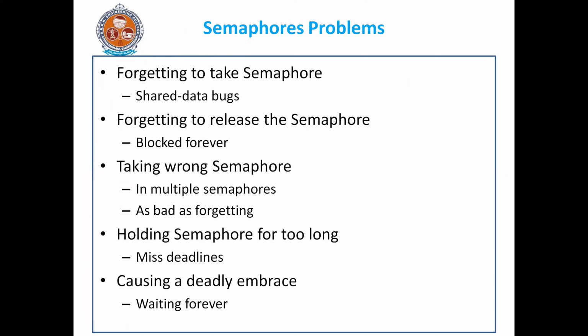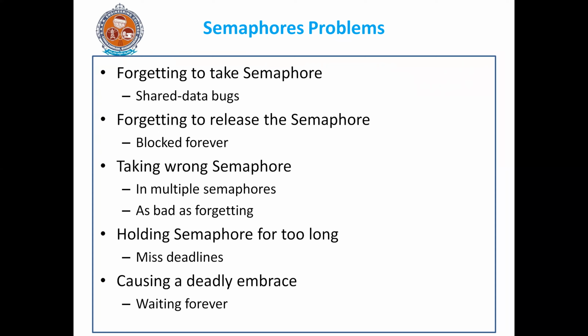Whenever you are using semaphores, what are the different problems that may occur? For example, suppose you forget to take the semaphore. If you forget to take the semaphore, you will get the shared data problem. You will get shared data bugs because the data will be used by more than one task.